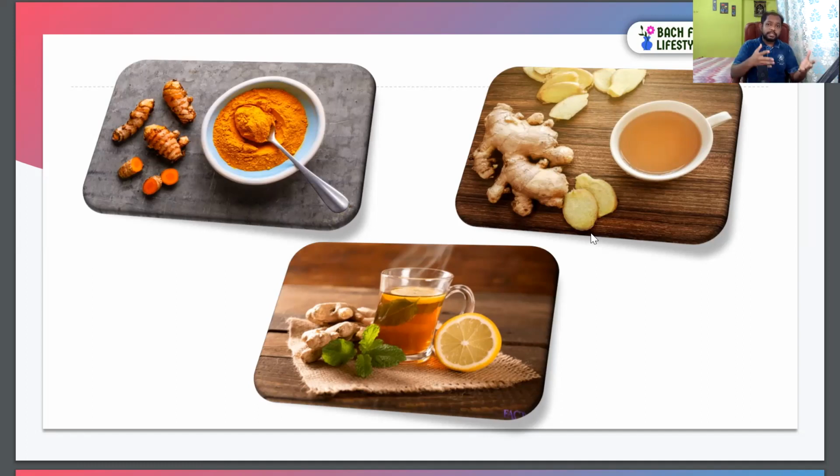We use turmeric, ginger, lime, tulsi, all those things. There are hundreds of things in our kitchen which we use to heal our physical body. In terms of medical health, these remedies really help us in healing our physical body.